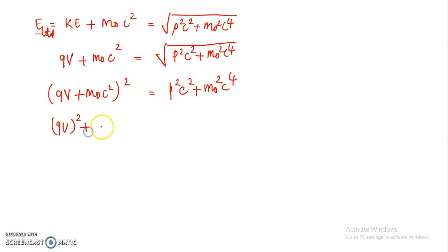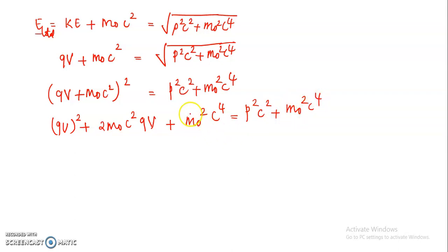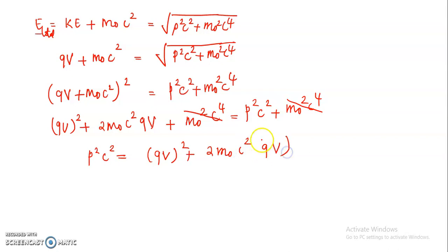So QV whole square plus 2 m0 c square QV plus m0 square c raised to 4 equals p square c square plus m0 square c raised to 4. On both sides we have m0 square c raised to 4, so we can cancel these two terms. The remaining terms are p square c square equal to QV whole square plus 2 m0 c square into QV.